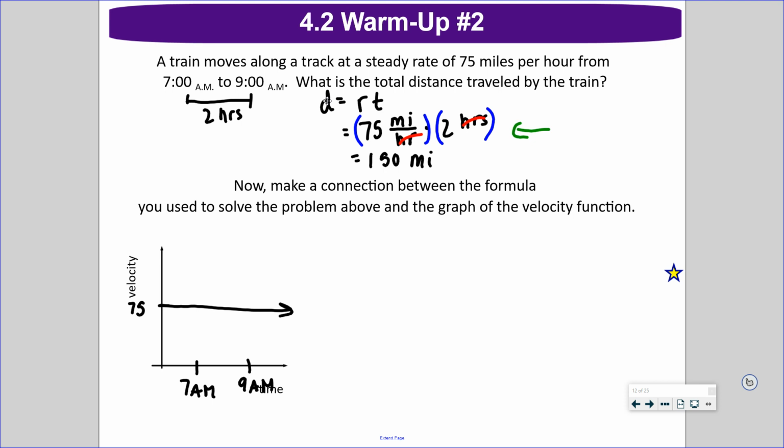I'm trying to get you guys to try it. Where does the 75 come from? What did you say? The rate. I thought you said the height for a second. The height or the rate.